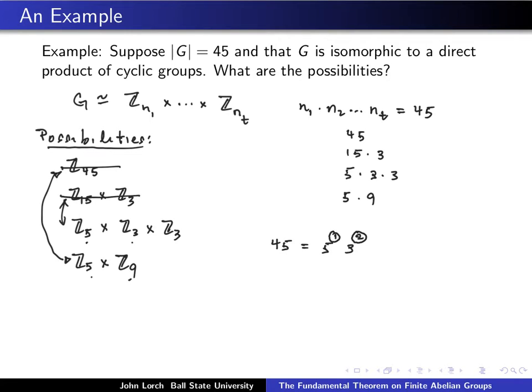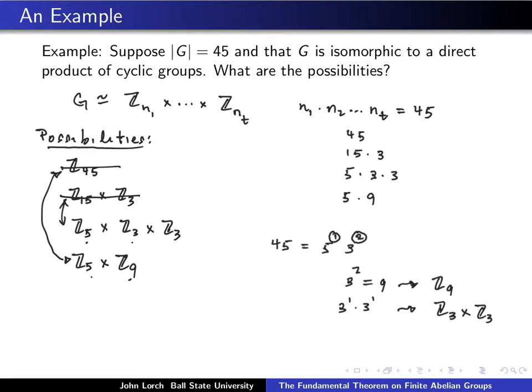tells us that we could write our 3 squared as 9, and this would sort of correspond to Z9, I guess. Or we could write it as 3 times 3, which would then correspond to this Z3 cross Z3.